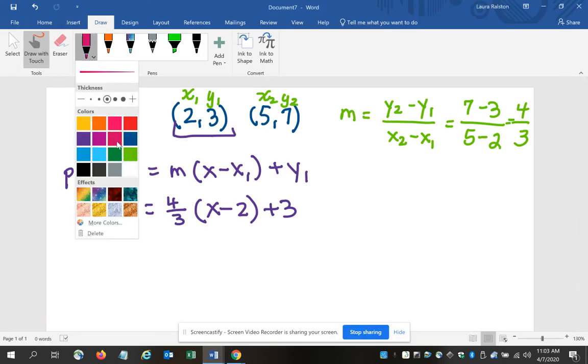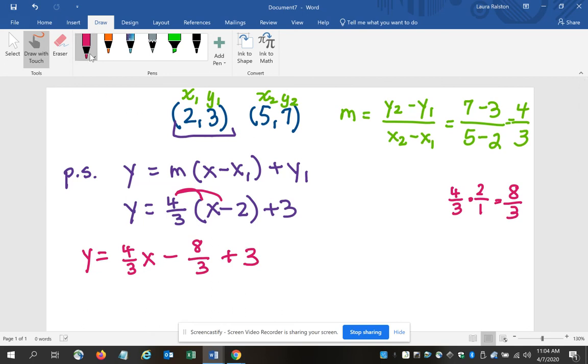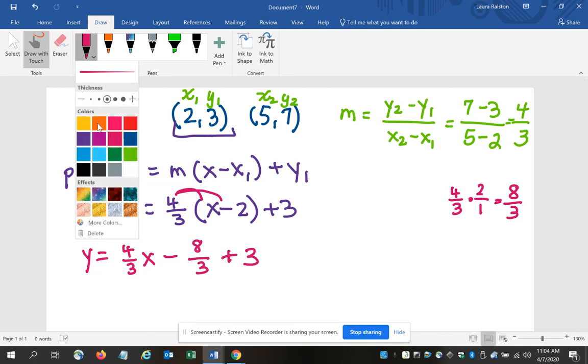Okay, so then I'm going to do the distributing so that I have y equals 4/3 times x, 4/3 times -2. That's going to give you 8/3. So I have minus 8/3 plus 3 wholes. And then I need to combine those like terms, which may be a little challenging.